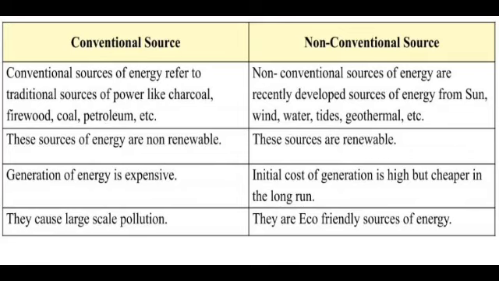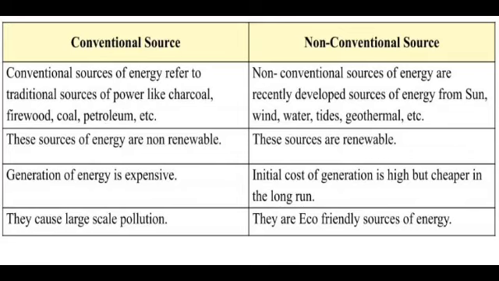And today, when we are living amidst so much pollution and so many diseases caused due to contamination of nature, it's high time that we switch over to non-conventional sources of energy to make this earth cleaner, greener, and a better place to live in.